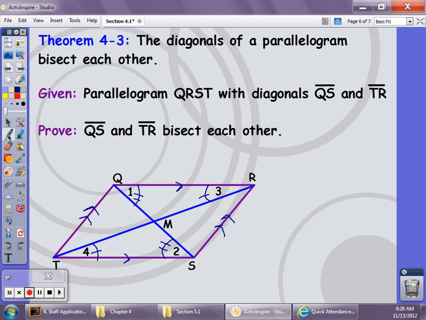Then if we go back to Theorem 4-1, we've already proven that opposite sides of a parallelogram are congruent.